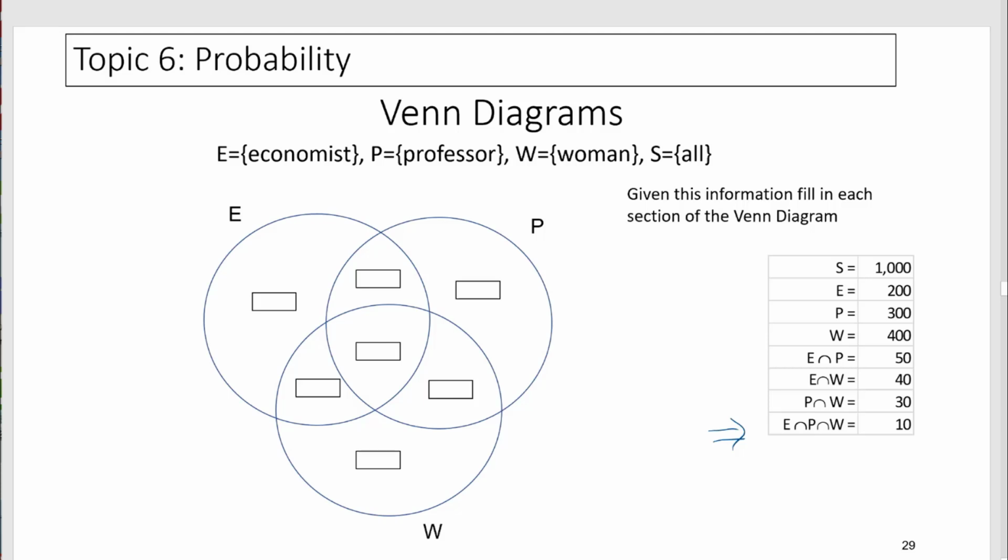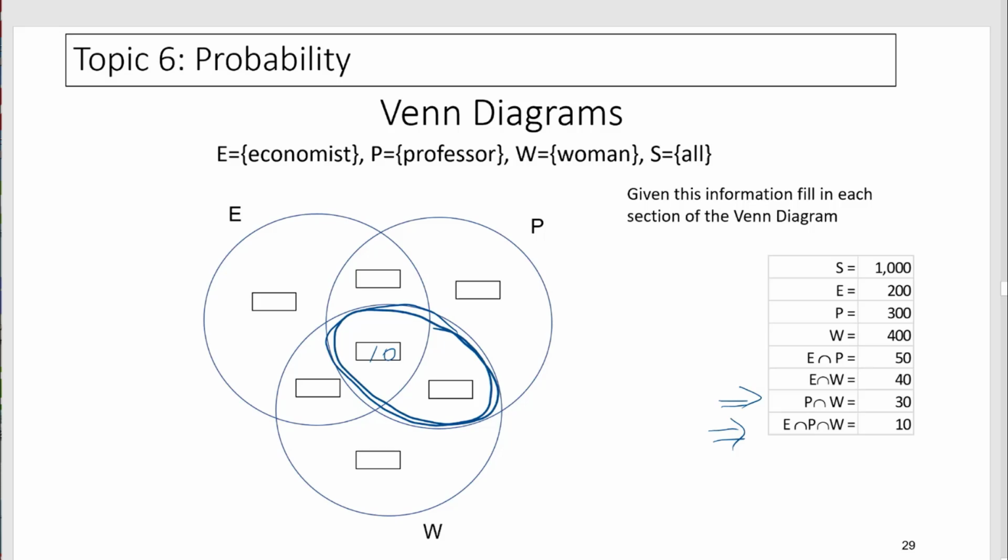So there are 10 that go in here. Now, if I want to know professor and women, so this whole intersection right here, I know there are 30, but 10 are already accounted for.